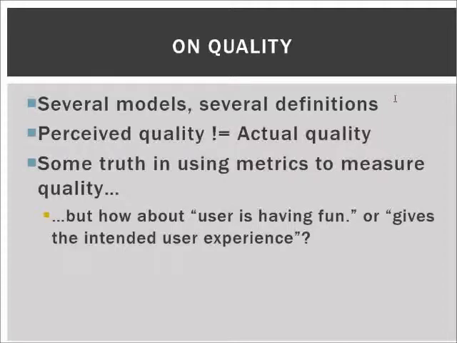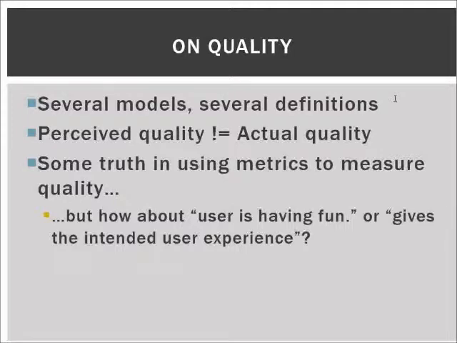The perceived quality is the quality that the users or the developers or people in general see or feel, or the idea of quality they have, and the actual quality is something that's more measurable, or that is the composition of all the quality of the components, the quality of the different functionalities, and the quality, for example, of the user interface or how easy the system is to use.